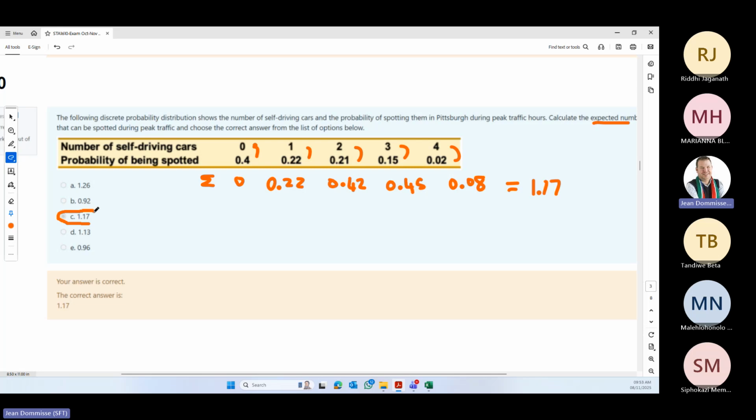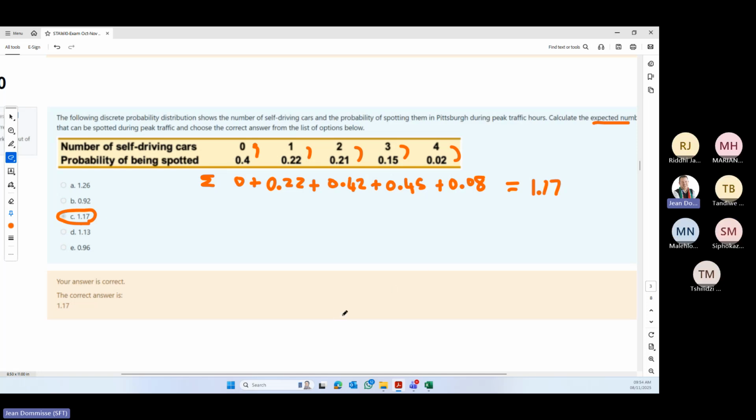Just adding all of those together gives you the 1.17. If the next question is to work out variance or standard deviation, then I will go to Excel. But this was quick enough to get the answer I was looking for.